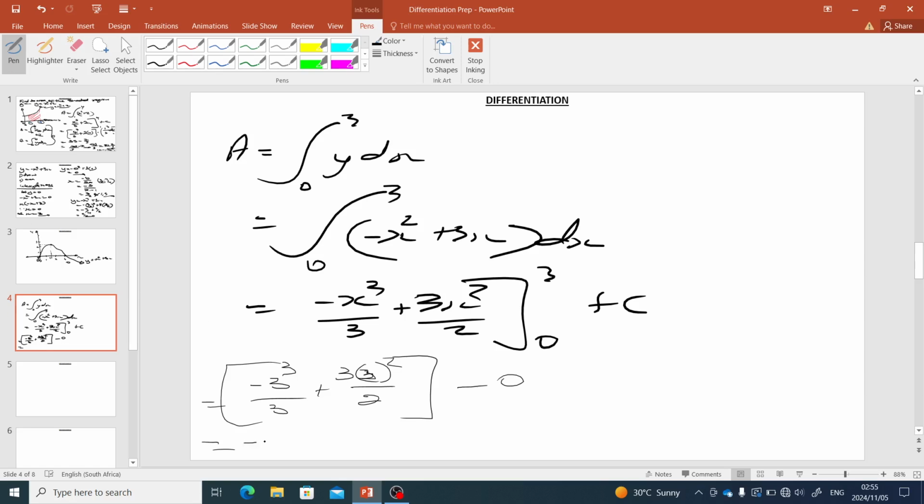We are having negative 9 plus 27 divided by 2.